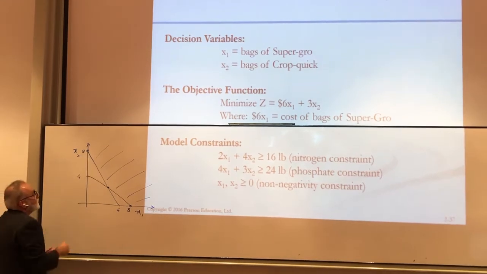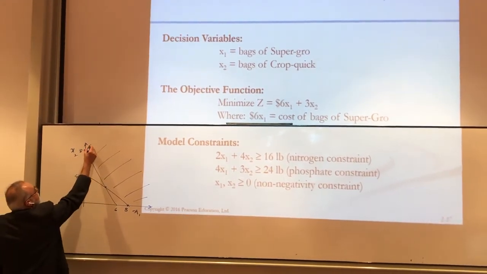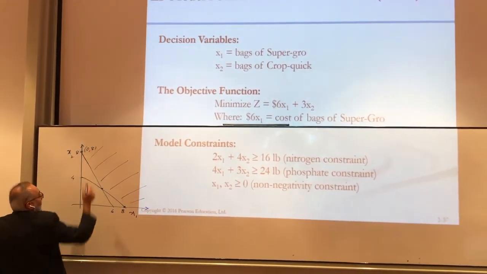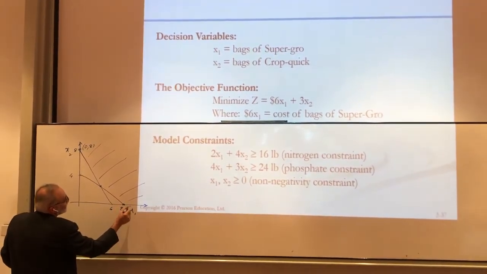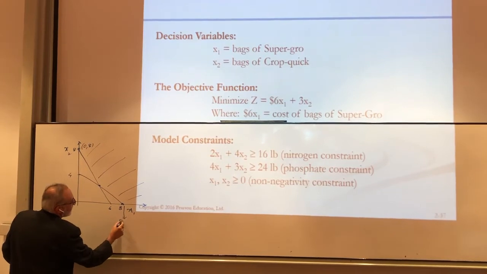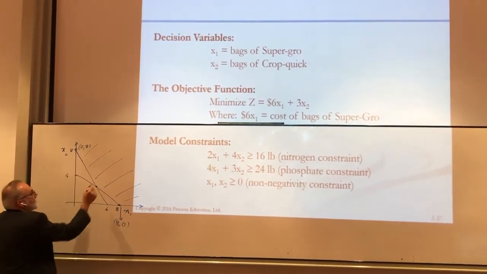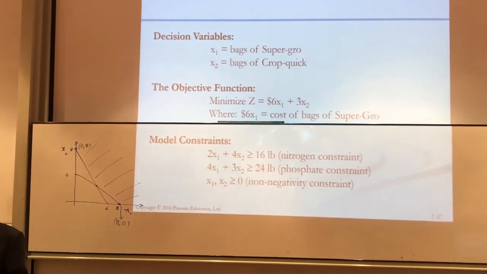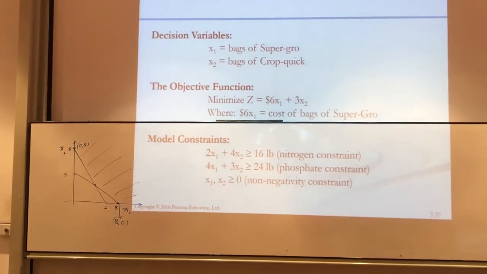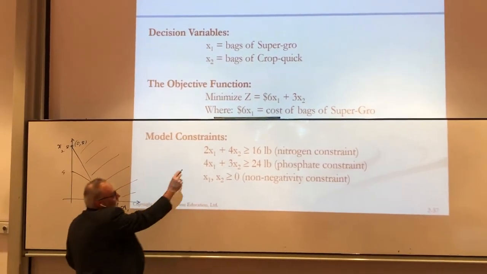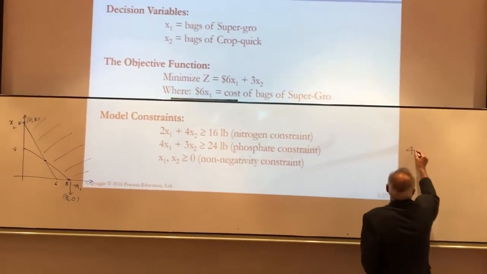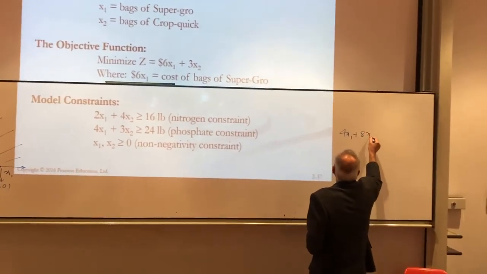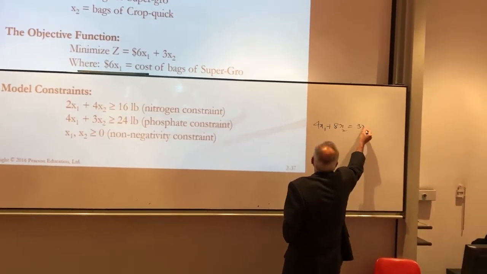What is this corner point? It is 0, 8. And this corner point is 8, 0. And for this one you have to work it out. Just multiply with 2 here. This will become 4x1 plus 8x2 equal to 32.